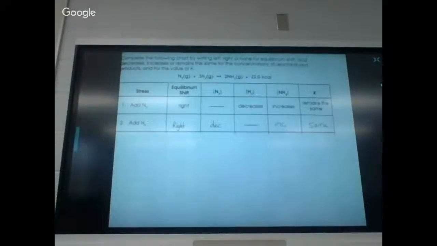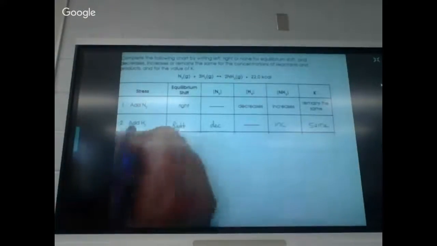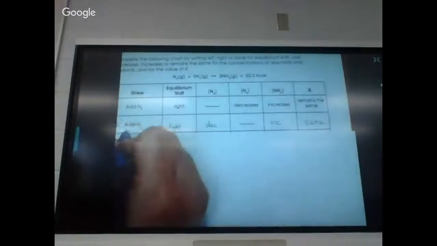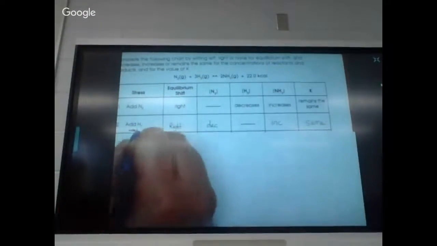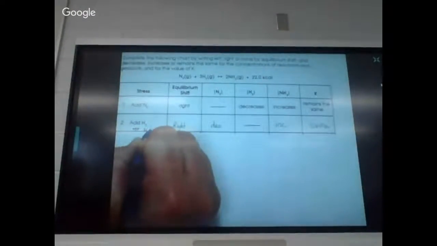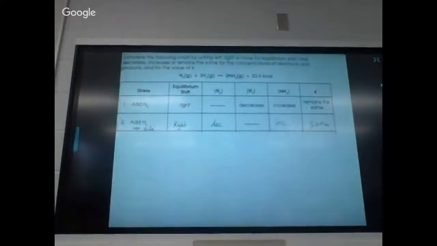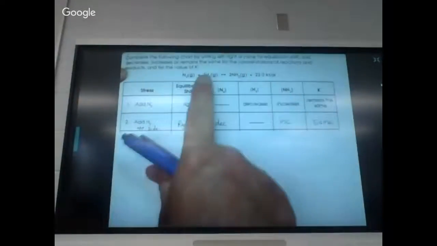All right, let's look at what some of you came up with. Some of you are done, some of you aren't. So in the top one, anytime you add, what do you do when you add? The same side or the opposite side? All right, when you add, you go to the opposite side. So the opposite side of H2, look at where H2 is at.